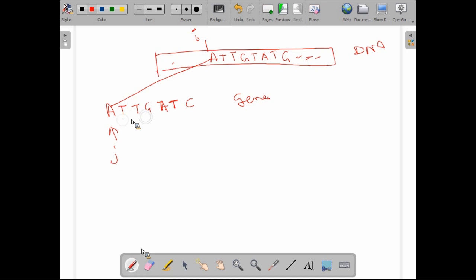This has also matched, this has also matched, this has also matched. Now I got a G and here I have a C. So this is the point of mismatch.